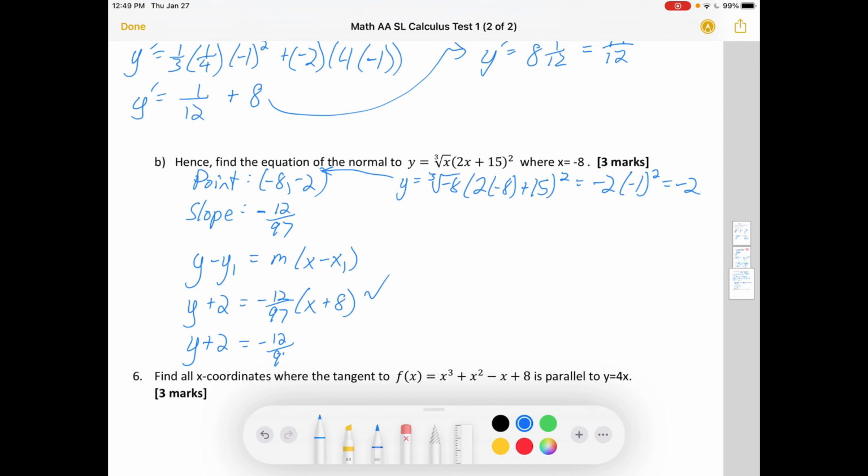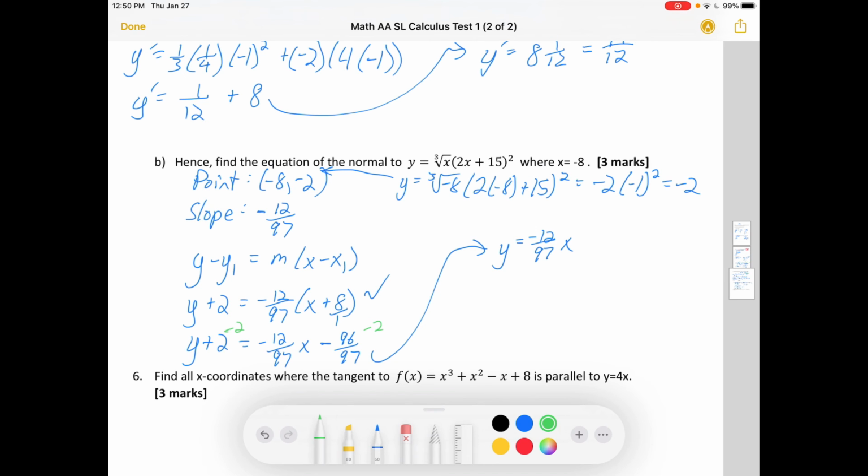If we want to put it in y equals form, we'd have to be careful here. This is 8 over 1, so 12 times 8 makes 96, unless I'm doing silly stuff here. And we'd have a minus, so minus 96 over 97. And then to bring that 2 over, we'd have to subtract 2 from both sides. I'll show that here, minus 2.